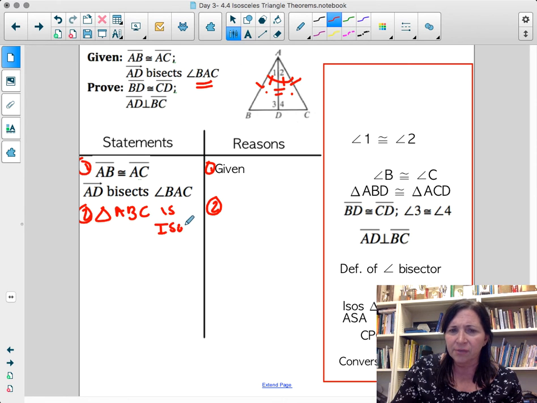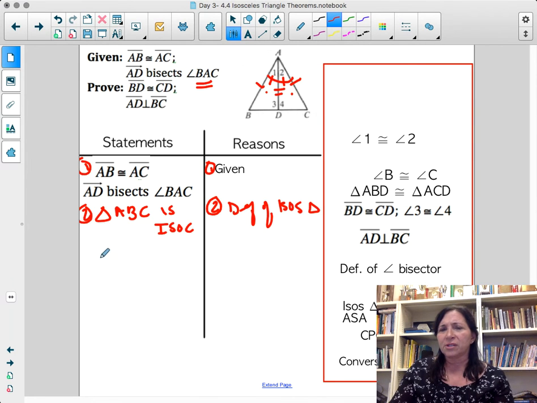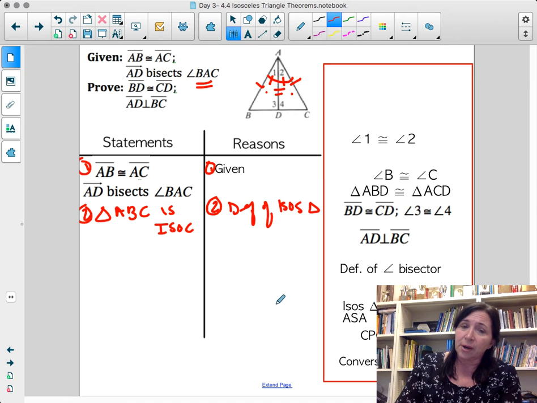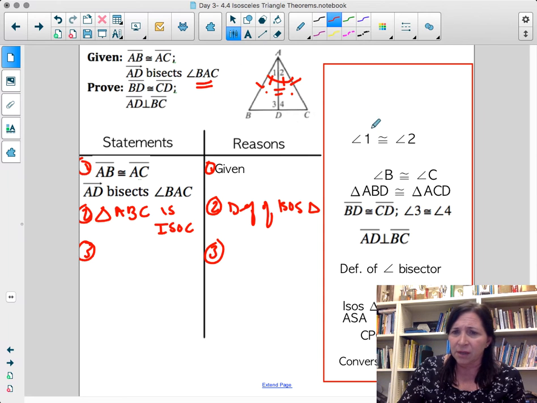You do want to say that it's isosceles, by the definition of an isosceles triangle, before you use the isosceles triangle theorem, which basically says that angles B and C are congruent.